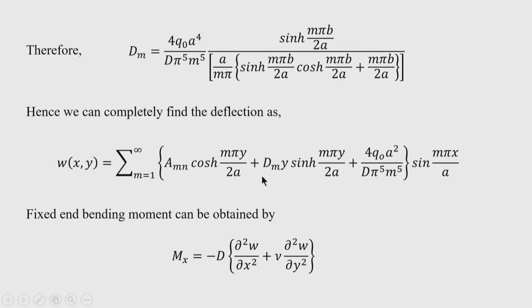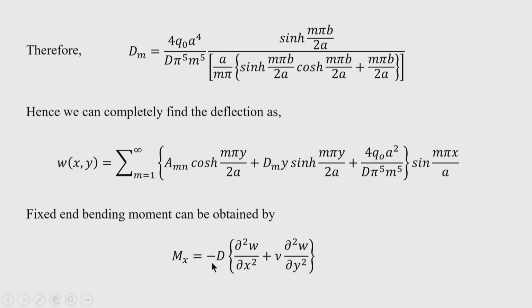So, when you find the deflected series, then you can go for finding the bending moment. The bending moment that is most important is the fixed end moment, which will be more than the midspan moment. Here the negative moment that occurs at the fixed end can be found out in the x direction as well as in the y direction by using this quantity, minus D times del square w by del x square plus mu, mu is the Poisson ratio, del square w by del y square.